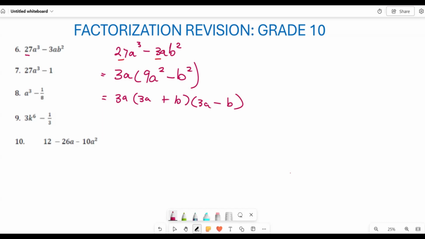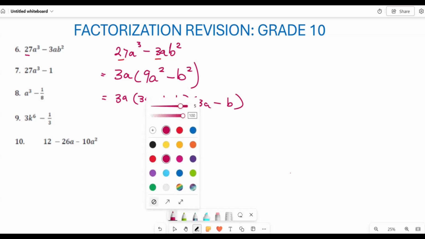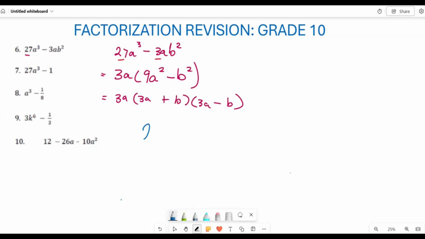Now, I want us to look at number 7. This is a factorization of cubes. I know we might not have seen it before, so let's look at what we do in factorization of cubes. This is 27a to the power of 3 subtract 1.